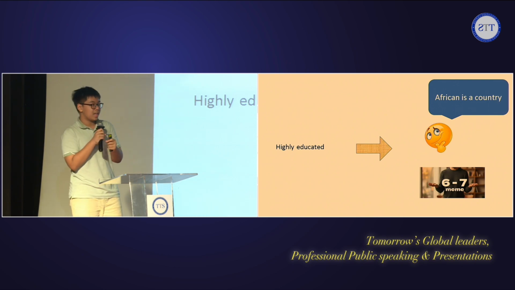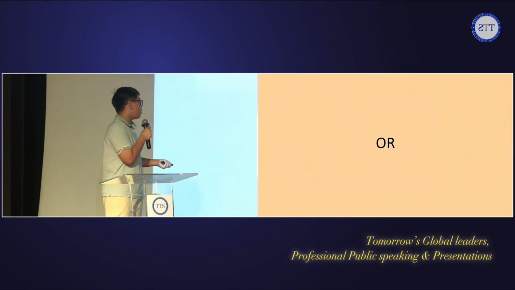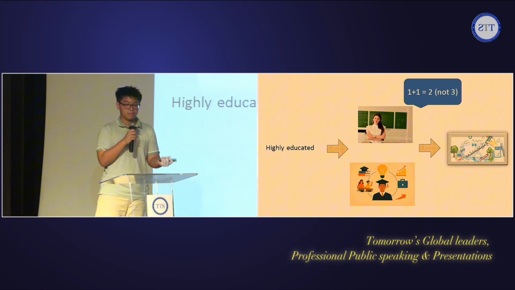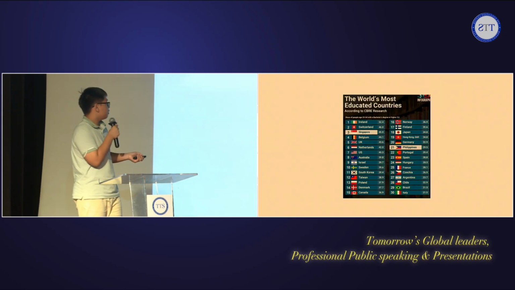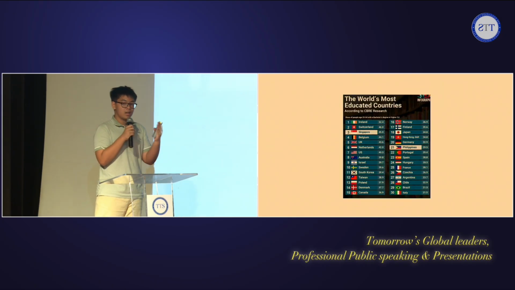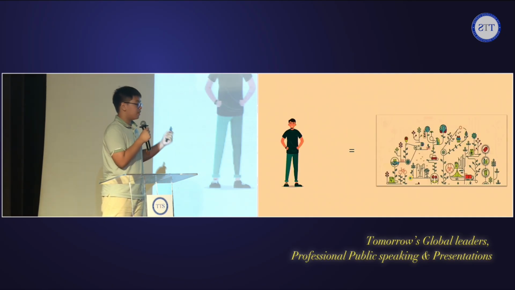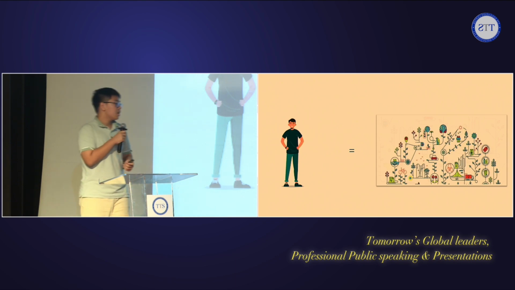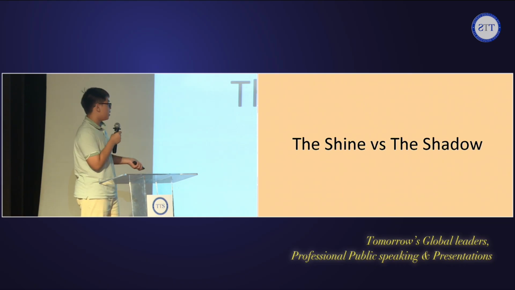Do you think that he's coming to school every day being taught that Africa is a country, or does the teacher actually teach him that 1 + 1 = 2, not 3, and the educational level in that community is top tier, which we can conclude to be a growing community? And from my previous analysis, I can verify with another real life data to figure out he's living in an all-rounded environment.